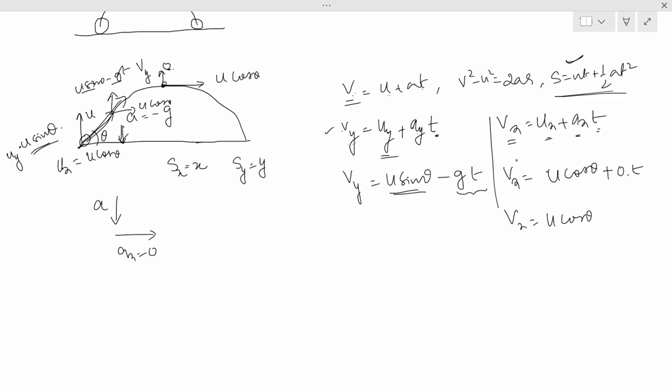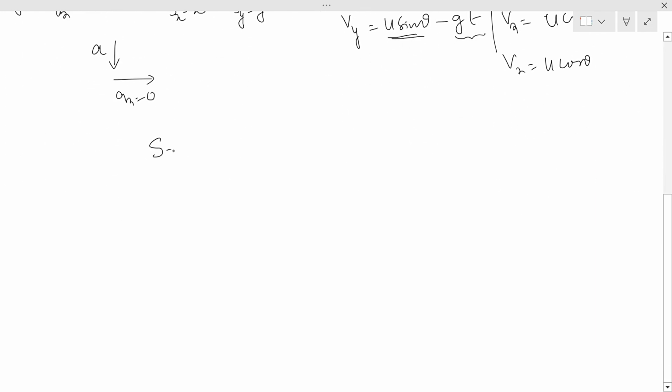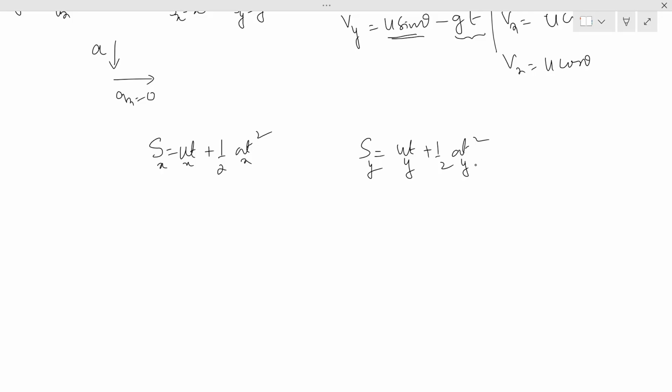Now we apply the equation s equals ut plus half at square. Here, displacement along the x-axis is sx, initial velocity ux, and acceleration ax. Similarly, displacement along the y-axis, velocity along the y-axis, acceleration along the y-axis. We know ax is 0, ay is minus g.